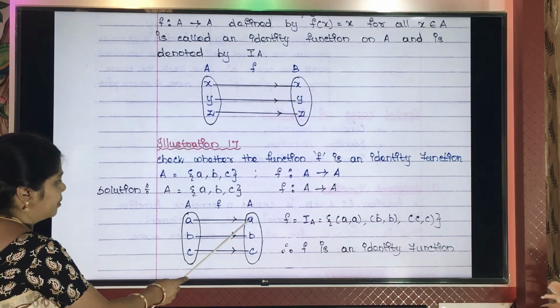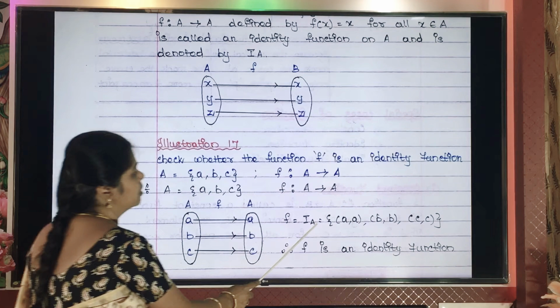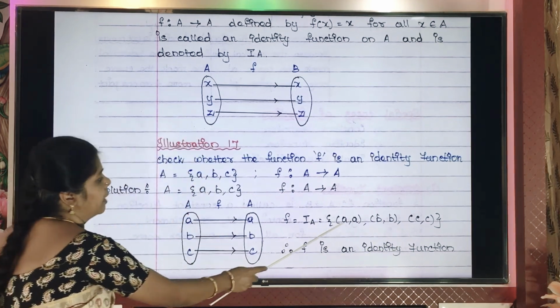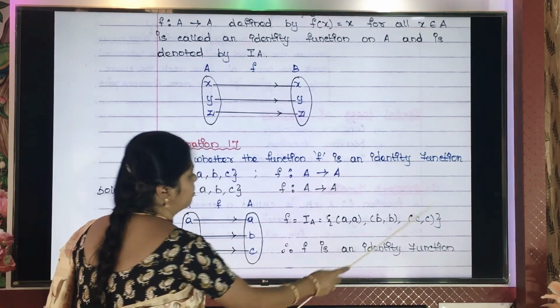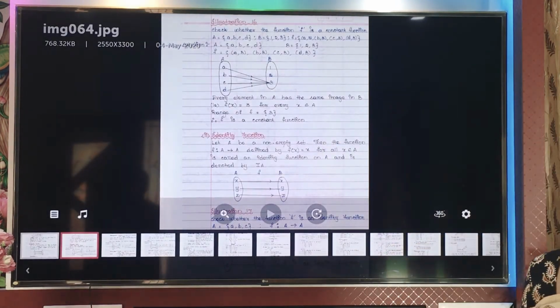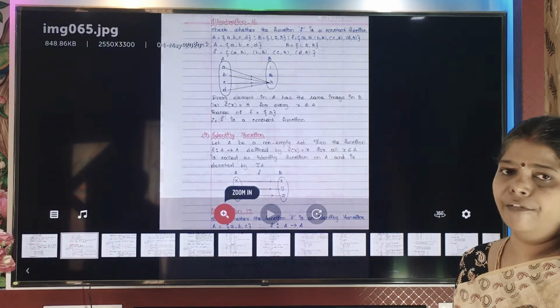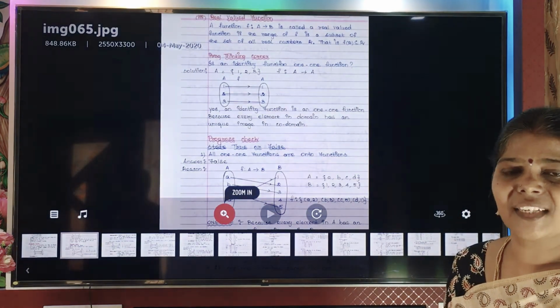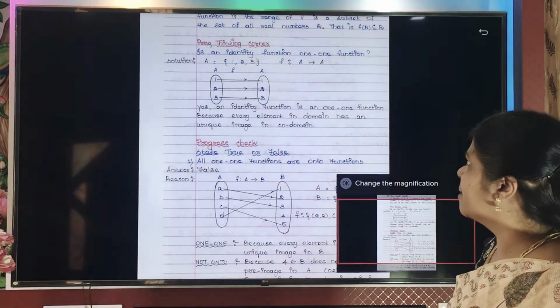A will get mapped to A, B to B, C to C. So, the function will be A to A, B to B, C to C. And hence, F is an identity function. Have you understood? So far we have seen constant function and identity function.